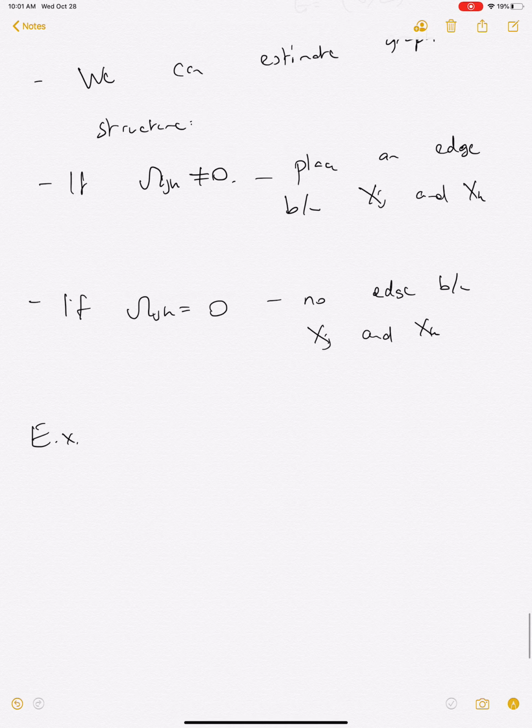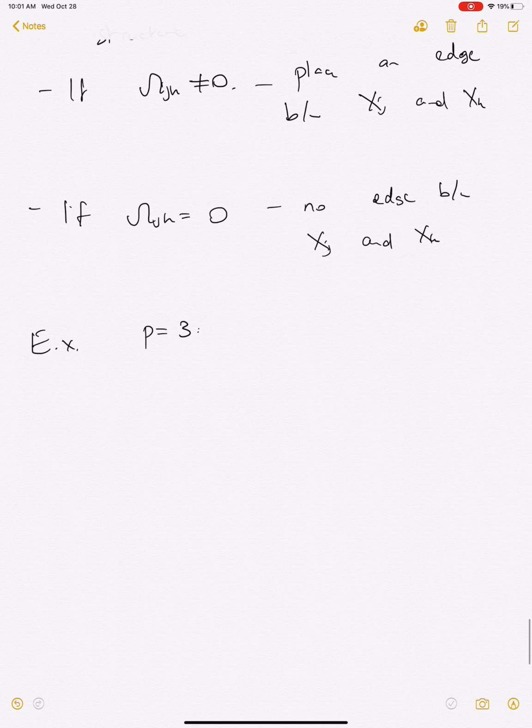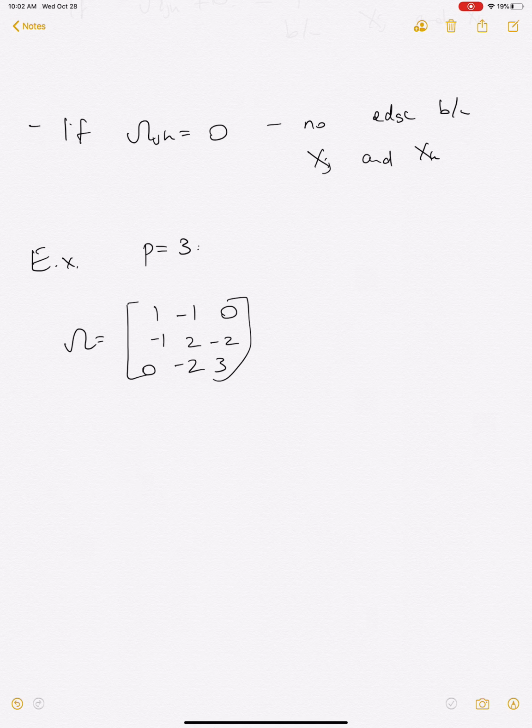So, for example, let's just say you have p equals 3, and your omega looks something like this. I'm just making up the numbers here. If this was your omega, then you could draw out your graph structure.